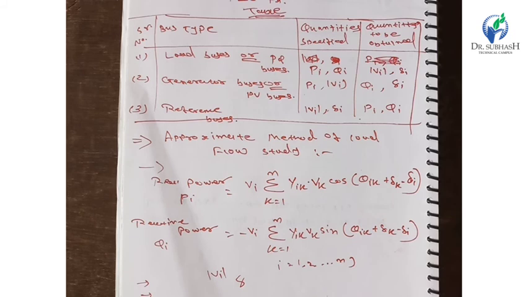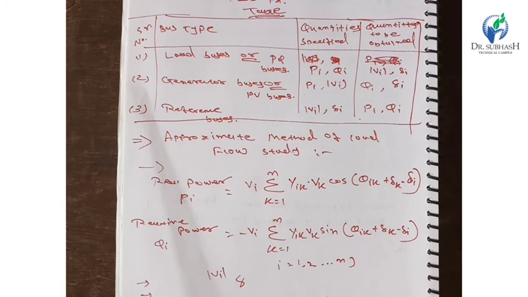P represents active power and V represents voltage magnitude. The voltage magnitude at all the buses including the slack bus is specified.